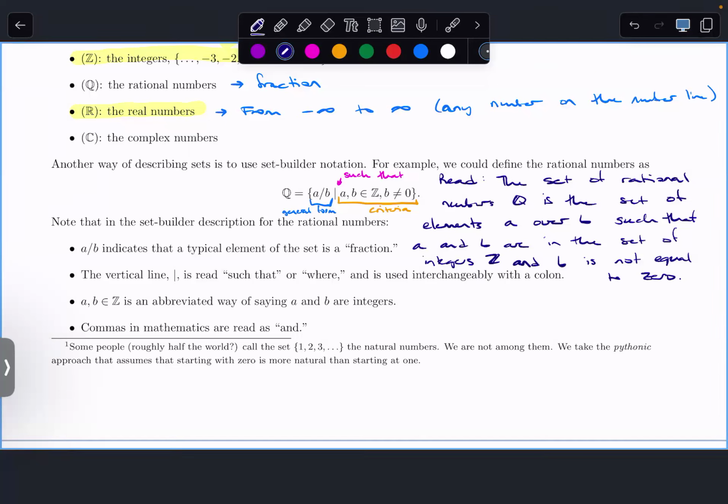That's what that says, and that's how you would read it.